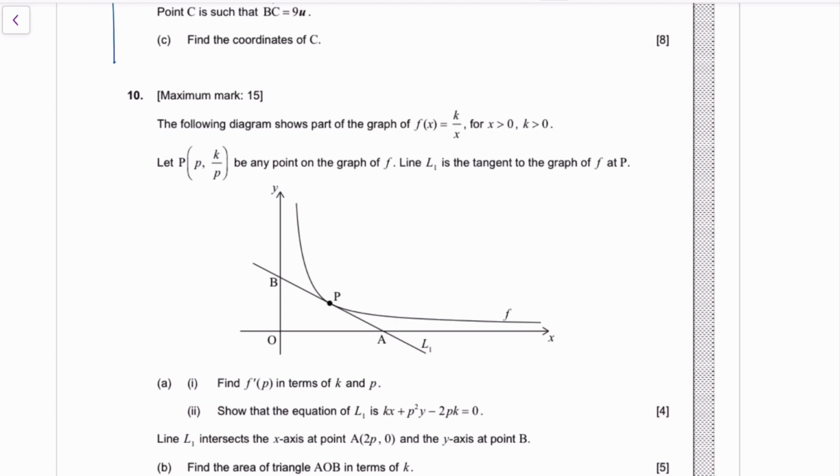Okay, we are finally at question 10. I think I said it in the section A video. This question is crazy. It's marginally, but it could be the hardest SL question I've ever seen.